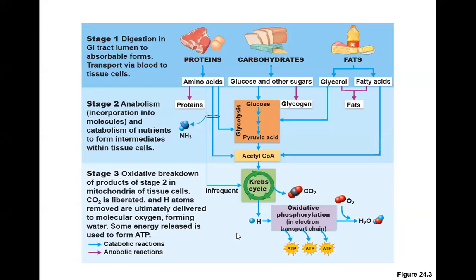Now, we don't get a lot of light coming off of our bodies, but we do get a lot of heat coming off when we are capturing energy and using energy. The point that was made here was that this is an oxidative process in stage 3. Oxidation strips off electrons, and so we release energy.